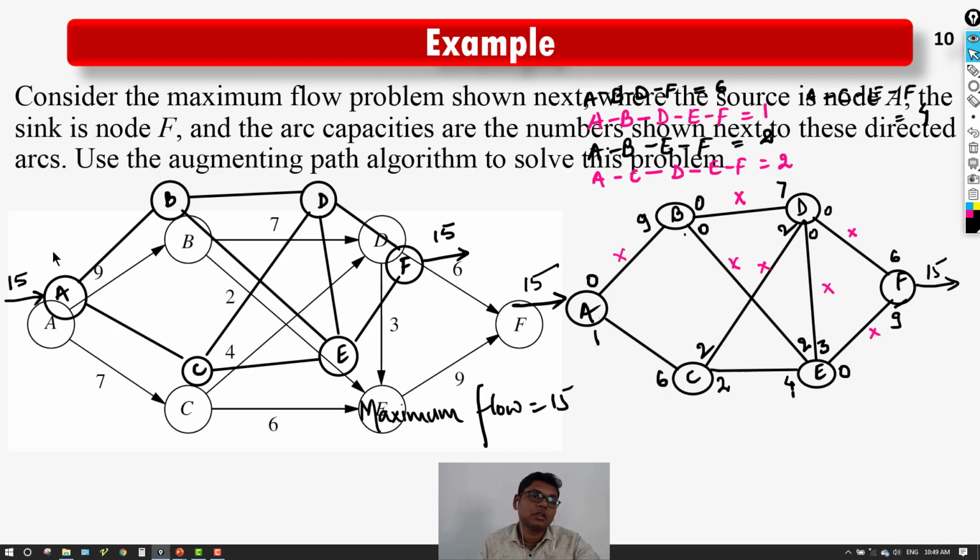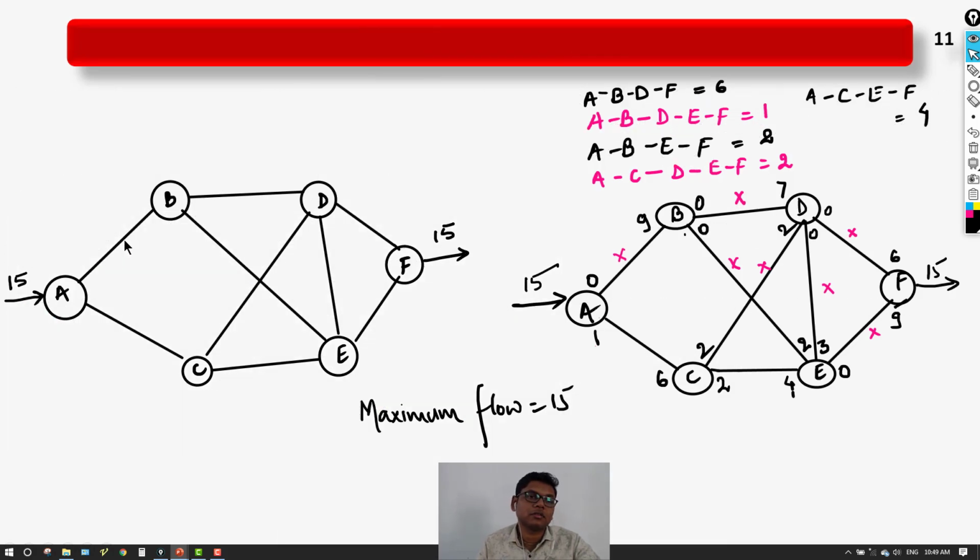Okay, no issue. See here, 9 was the beginning residual, and at the end how much is this on A? That is 0. So 9 minus 0, you have to subtract it, and whatever is coming you have to write here. Okay, so B, that is 9.